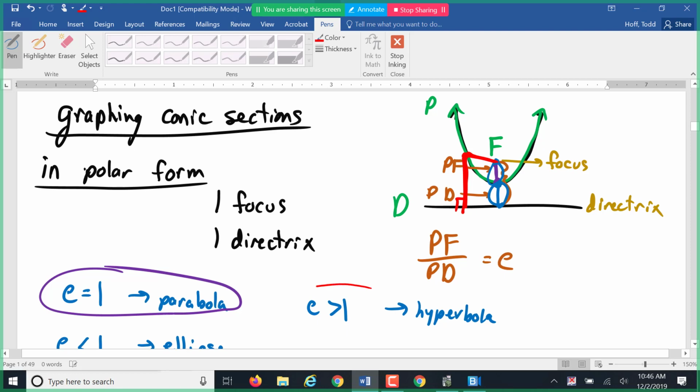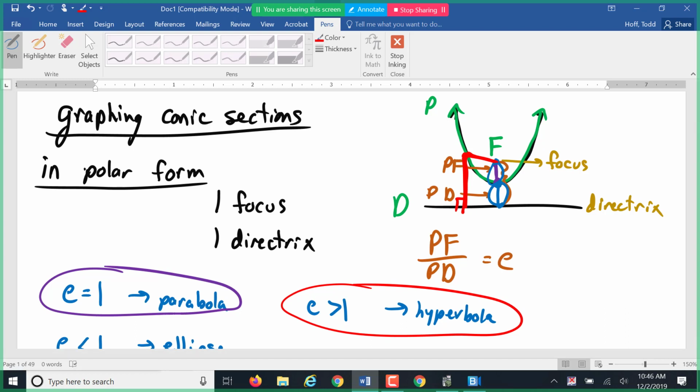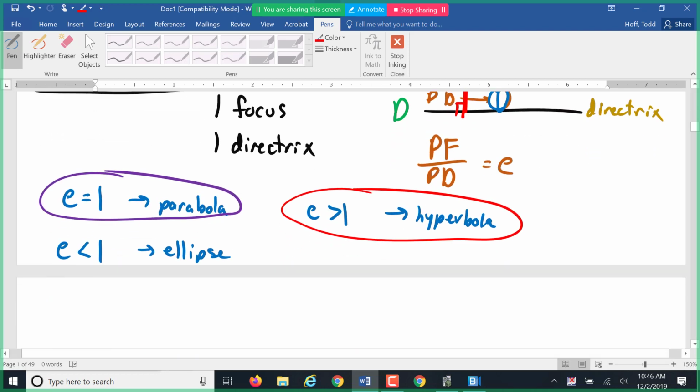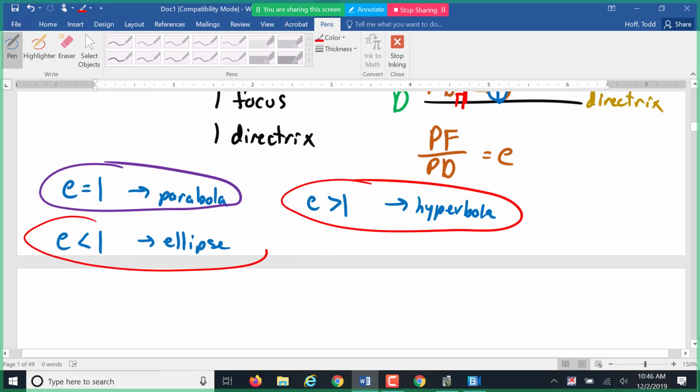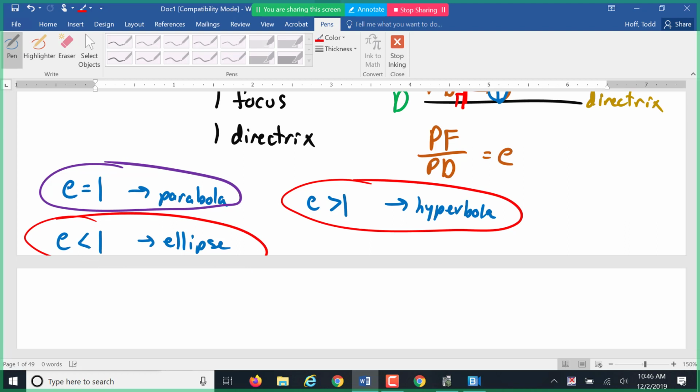For the hyperbola, that is saying that the distance from the focus to the point is bigger, always larger than the distance from the directrix to that point. And for the ellipse, that's saying that point is always closer to the focus than it is to the directrix.